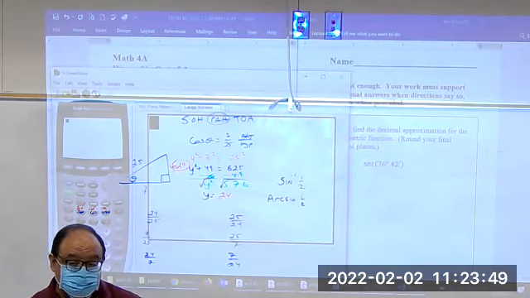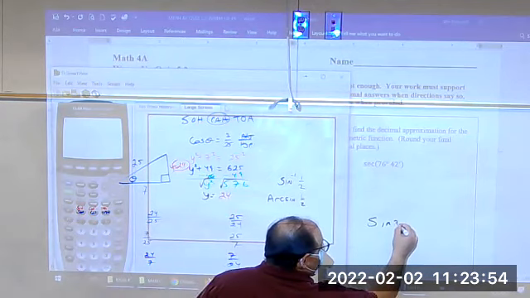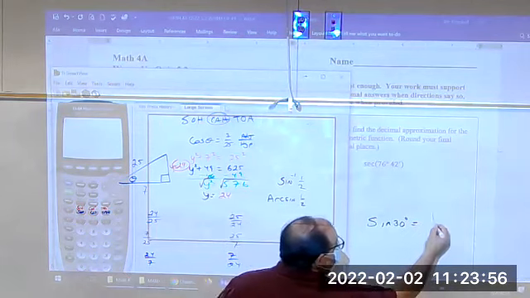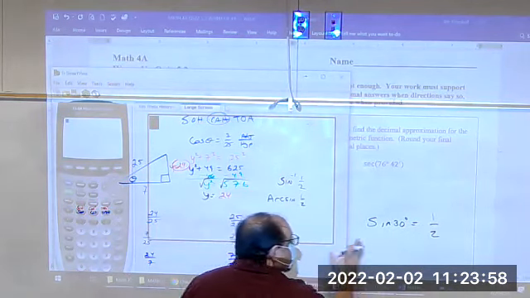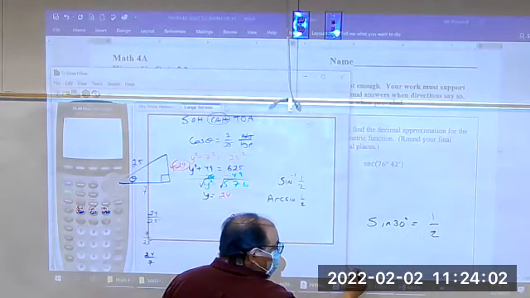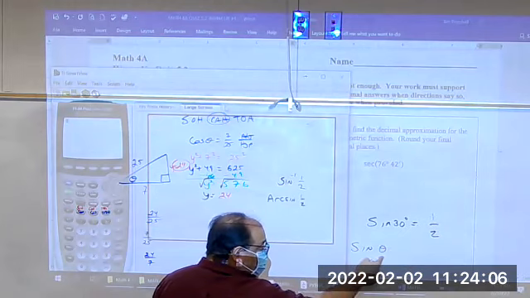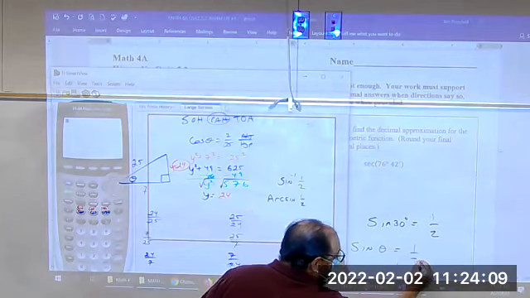Trig functions, you're going to take the sine of an angle. You're going to take the sine of 30 degrees. The sine of 30 degrees is always 1/2. So now what do you do if you have a 1/2? In other words, the sine of what angle is equal to 1/2.